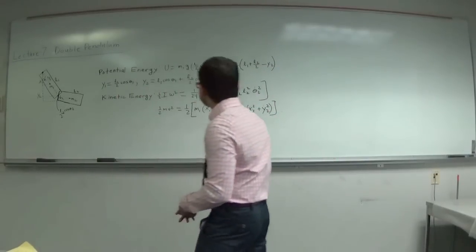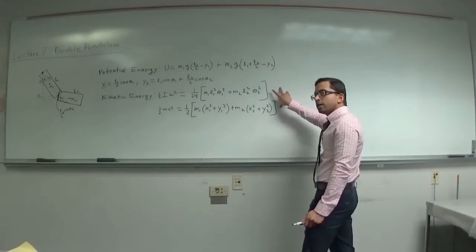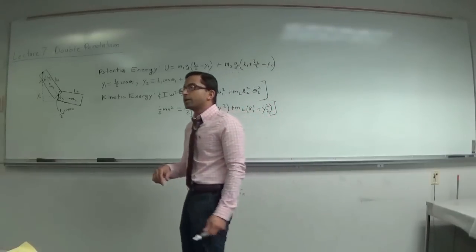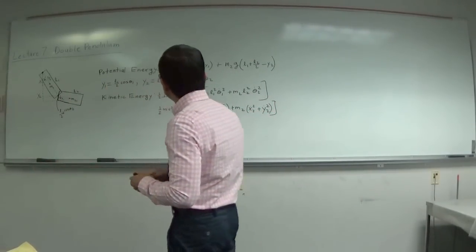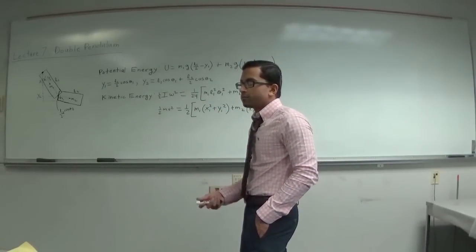Then for the total kinetic energy, we're just going to add the translational kinetic energy and the rotational kinetic energy, and then we do as we usually do, where the Lagrangian L equals T minus U, and we would have to do the Euler-Lagrange equations.